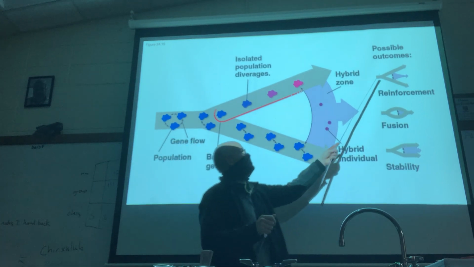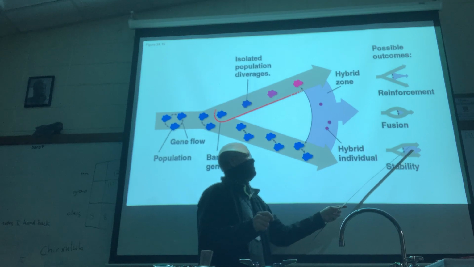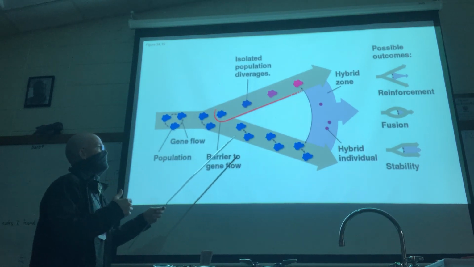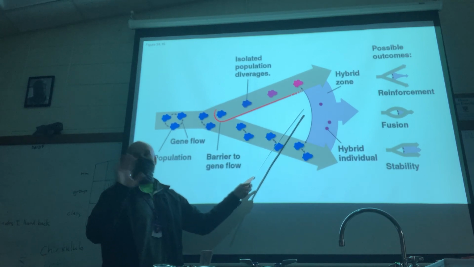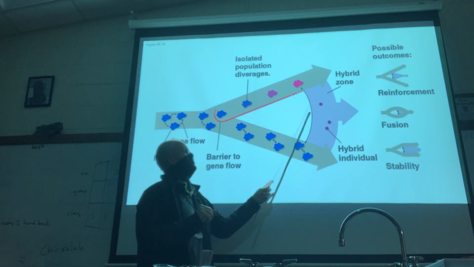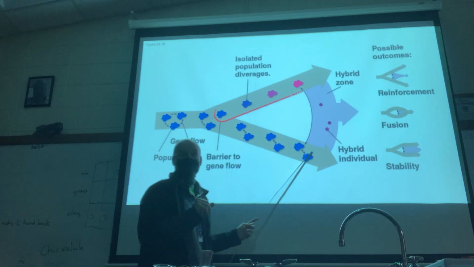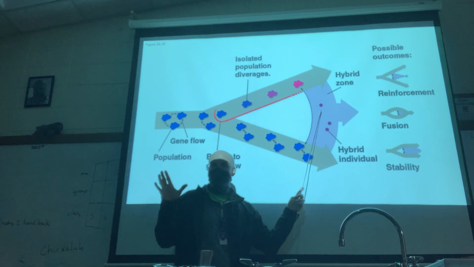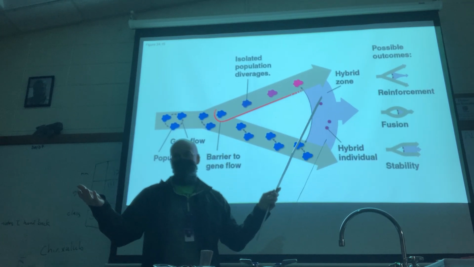So those are your two common examples. There's then this third example of stability when it comes to these hybrid zones, or the outcome they can give, in which there's a lot of reasons for this, and your book goes into them. But essentially with stability, you have two distinct populations, and the hybrids they make just maintain their own uniqueness.